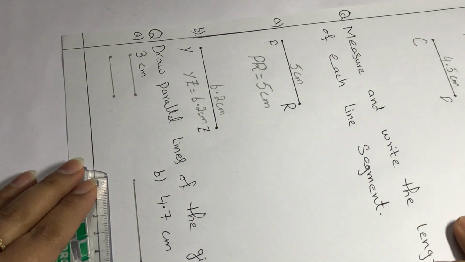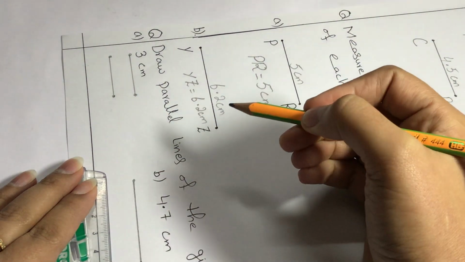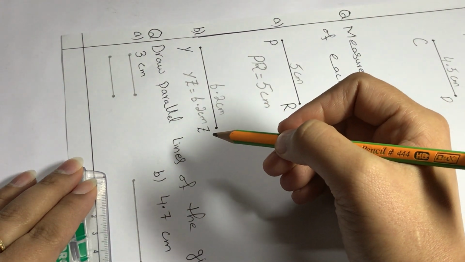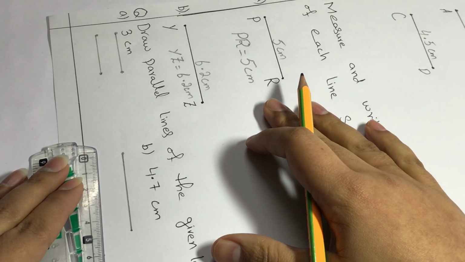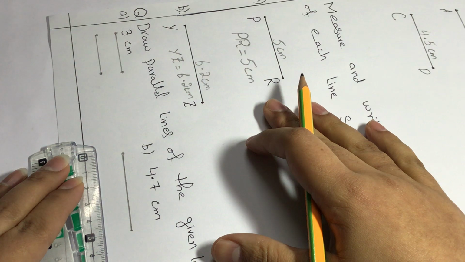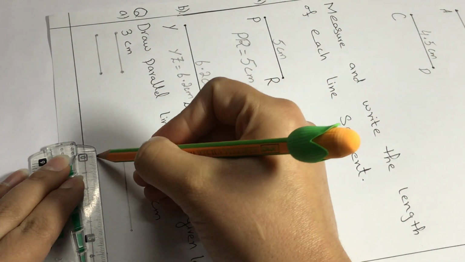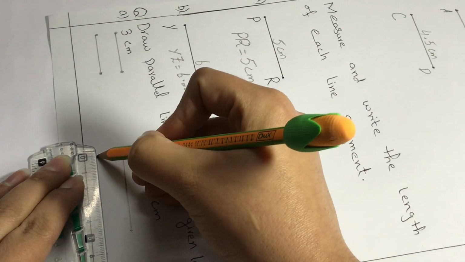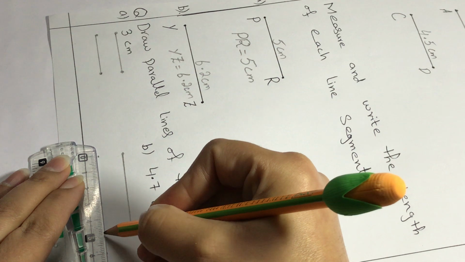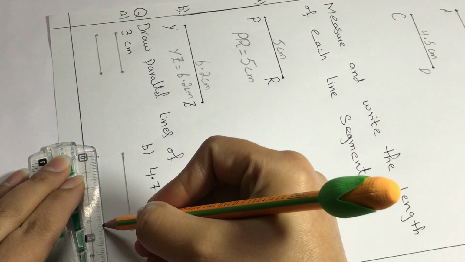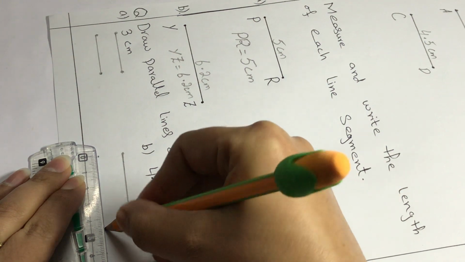Now again I will draw 4.7 centimeter and I will start from the same point and I will end on the same point, right? And I will keep my distance equal from each point. See, a point on 0, again a point on 4.7, which is after 4, 5, 6 and 7.